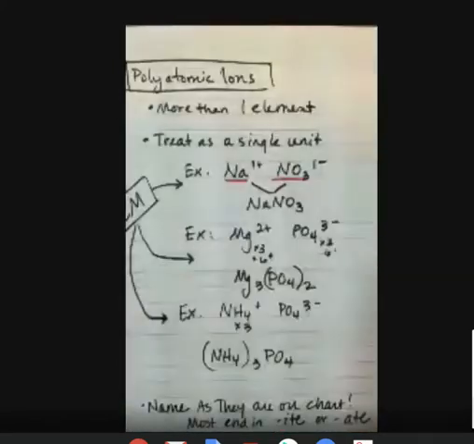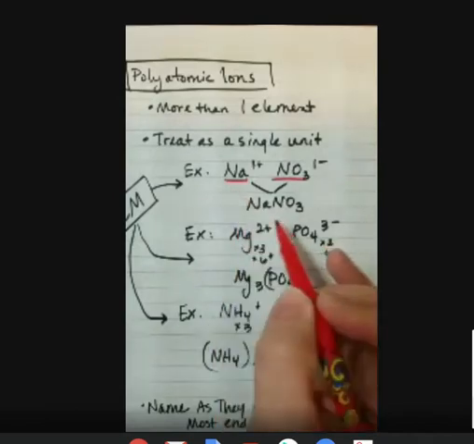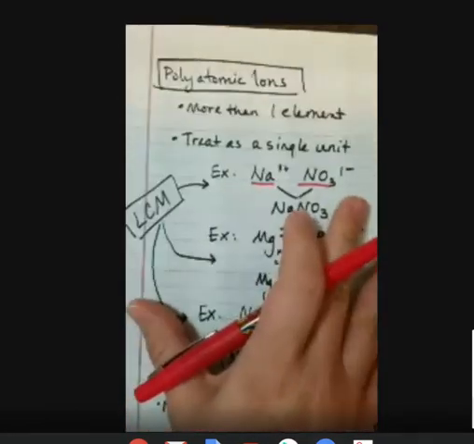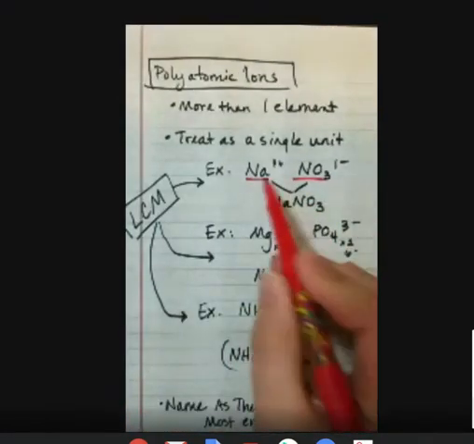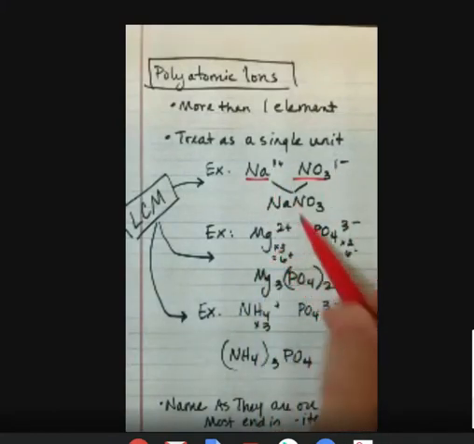So I have sodium 1 plus bonded to nitrate 1 minus. When I put those together using the least common multiple method, 1 plus and 1 minus cancel each other out, and that's what I want in a compound. So it's NaNO3.